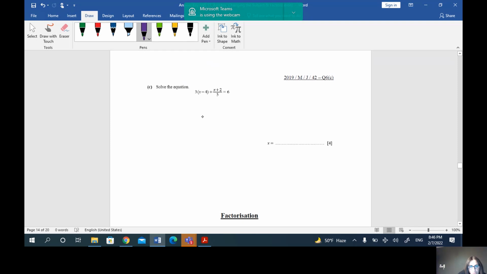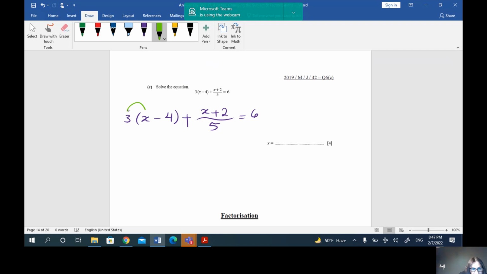Here, solve the equation. So this is the equation that you have. It's 3 times x minus 4 plus fraction x plus 2 over 5 is equal to 6. First step that you need to do, get rid of the brackets.